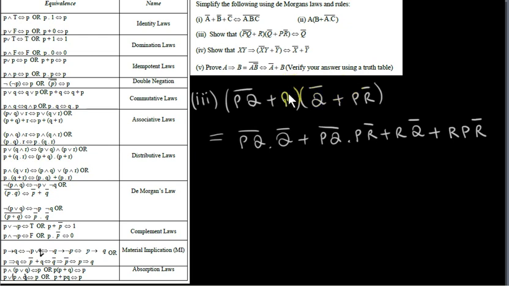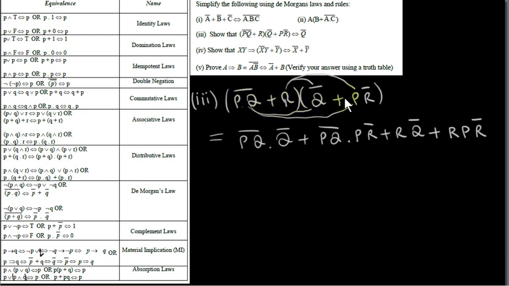Actually, this is just an extension of the distributive law, where we start off by applying R into both of these, and then we can apply not (P and Q) into both brackets. So the distributive law can be extended to this situation, where we have more than one term.